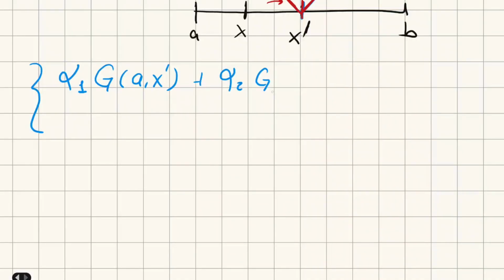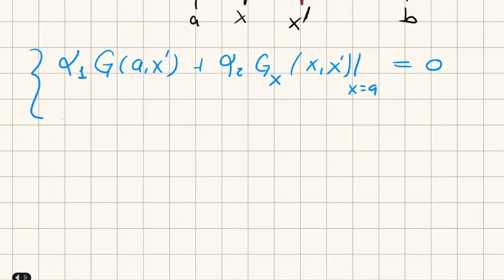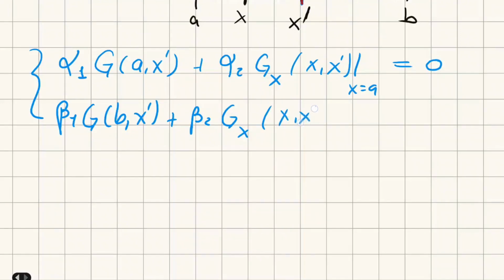Let me write this as g sub x, which is the first derivative with respect to x of the Green function, evaluated at x equals a. This is just notation to make it a little easier to understand. And this is equal to 0. Then for b we have beta 1 g of b comma x prime plus beta 2 g sub x evaluated at x equals b is equal to 0.